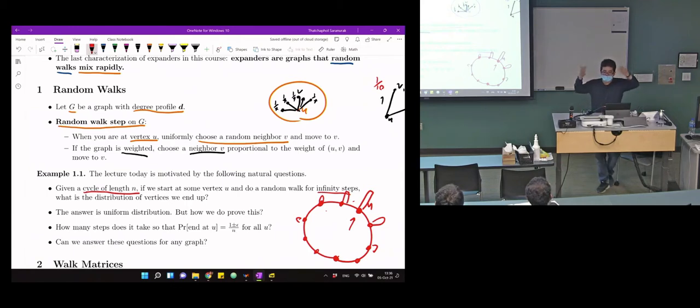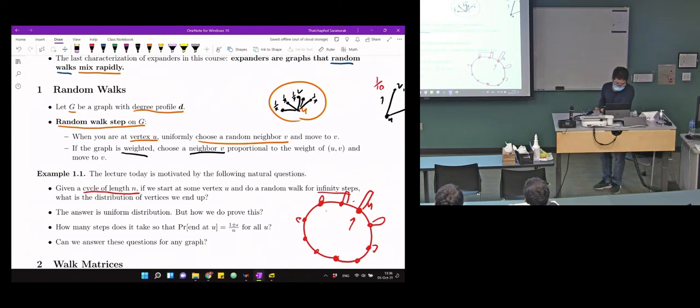But if you do random walk steps repeatedly, for a long time, the probability mass will keep spreading, and it will converge to uniform. That's our intuition, and it will be the correct intuition. But we will see today how to prove this formally.